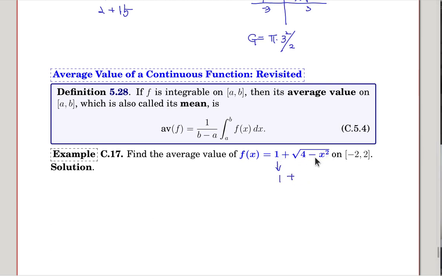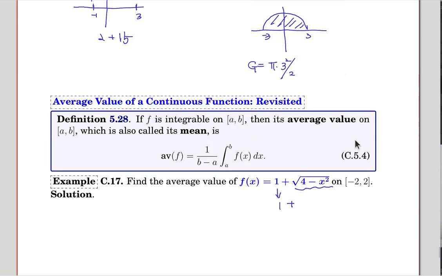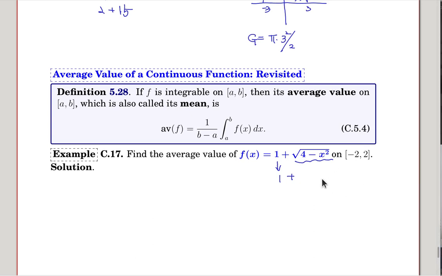For the second one, similarly, the area must be the upper half circle of a circle of radius 2, so that is pi r squared, 2 squared, and half of that is the area, the integration, and divided by the length is 4, right?